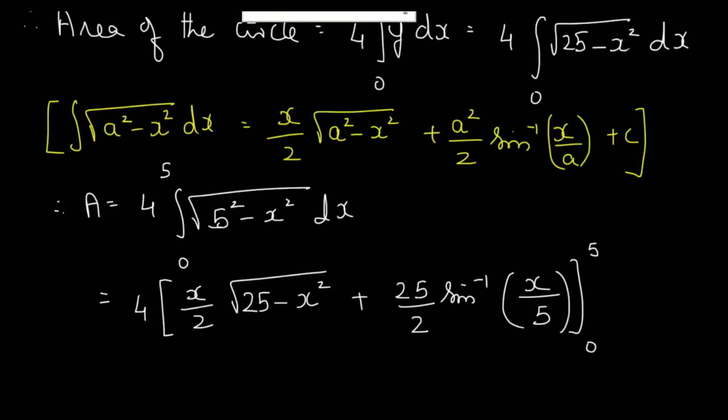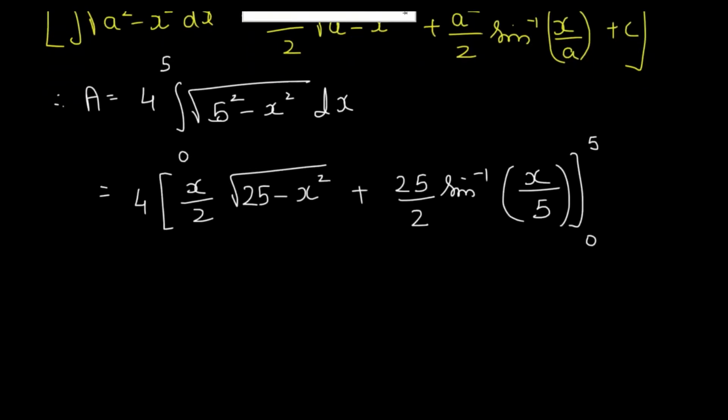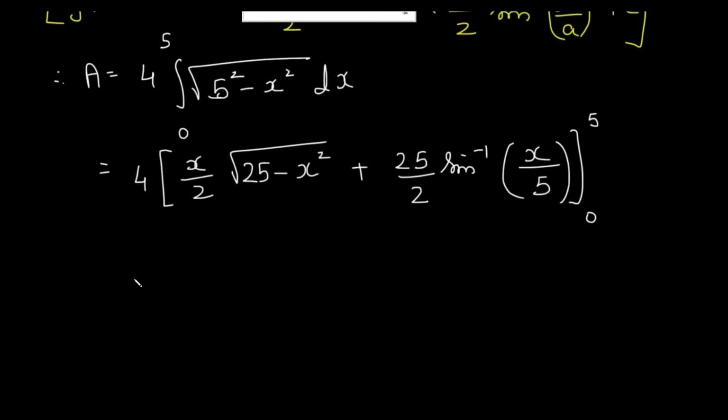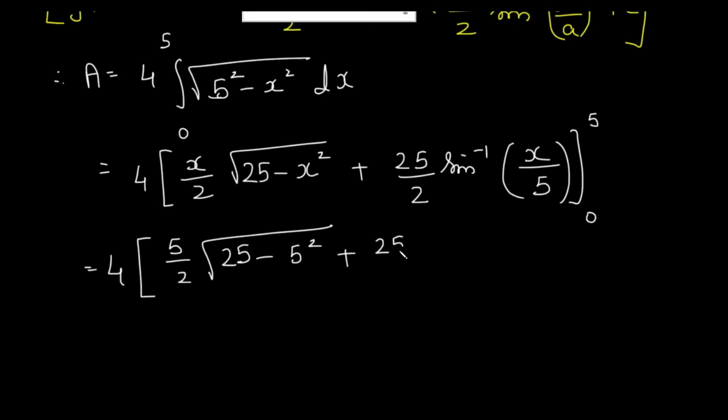Okay, then going further, over here we just substitute the value of 5. We substitute with the upper limit and the lower limit of integration. So we get 4 into 5 upon 2 root of 25 minus 5 square plus 25 upon 2 sine inverse 5 upon 5.